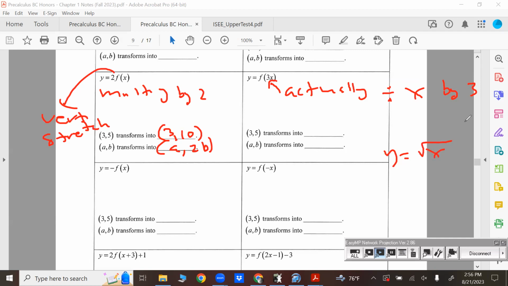So you have root x, right? So I know 1, 1. If I want the same output, x has to be 1/9 now, to get 1 as an output still. So that's how you can make peace with that. So you have to divide by 3. So that's 1, 5, or a over 3, b.